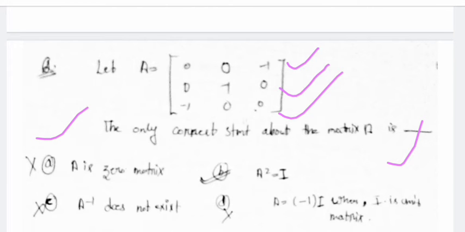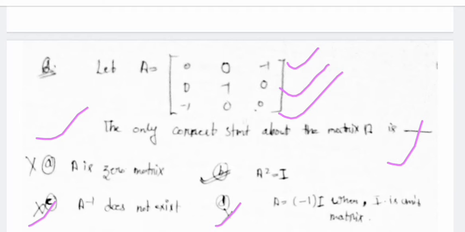No, in the 0 matrix only 0 elements exist, but here minus 1 exists, so it is not possible. This is a false option. Now come to option C. Here A inverse does not exist. This is also false, A inverse does exist here. Now come to option D: A is equal to minus I, where I is the unit matrix, so it is also false.